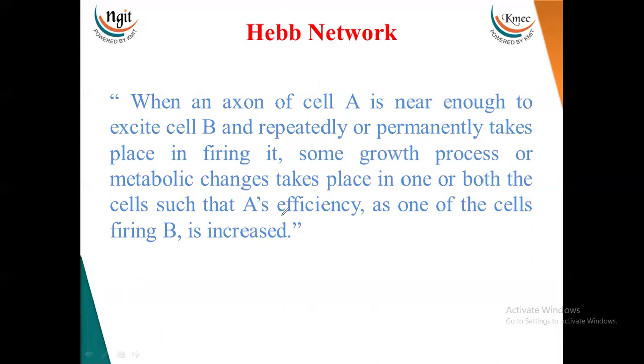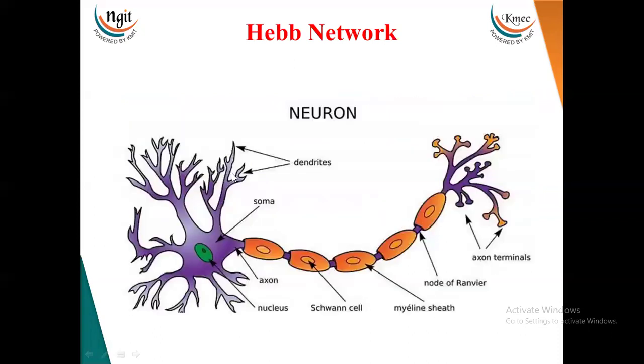I want to go to the previous slide. So these are the dendrites of each and every neuron. Suppose this is the dendrite of another neuron, this is another, this is another. Suppose I'm taking this neuron as A, and this neuron which is connected here as B. Suppose this particular neuron B is in a condition where it is going to excite.